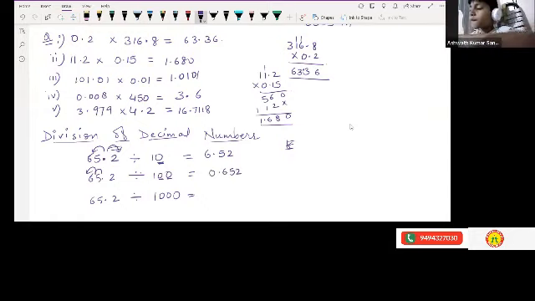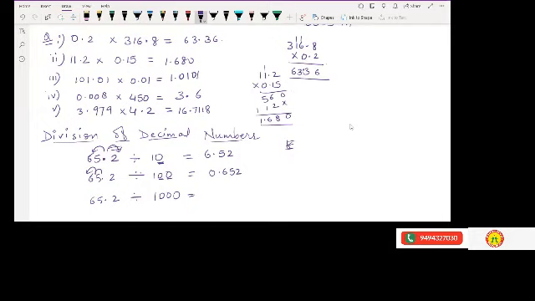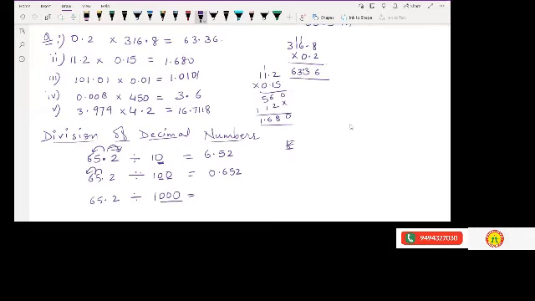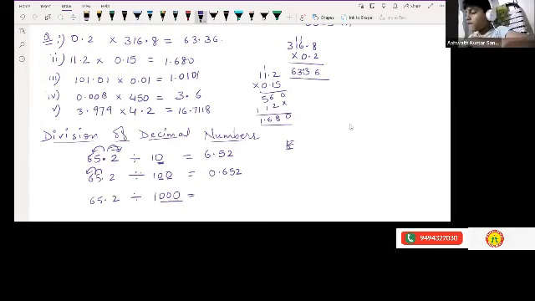Okay, are you getting? Yes. Now suppose we are dividing by 1000. So the decimal point will move towards the left. How many places? In 1000 we have three zeros. So as many zeros are here, that many places the decimal point will move towards the left side.